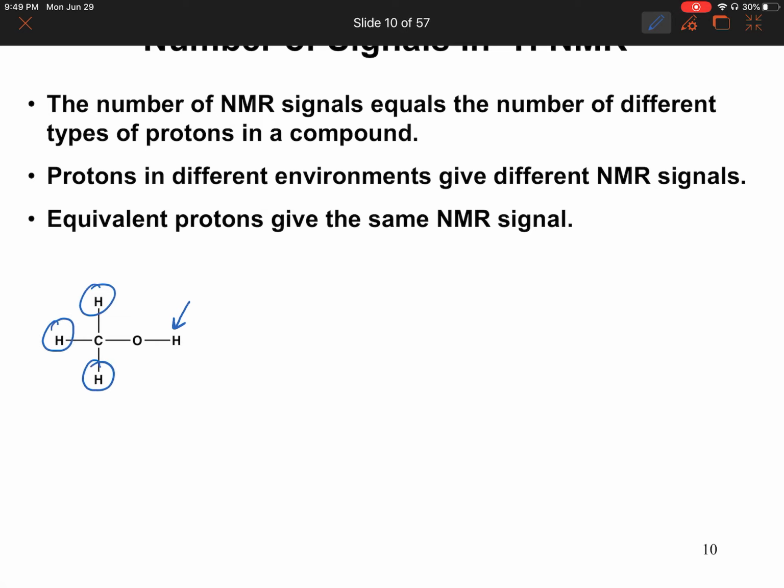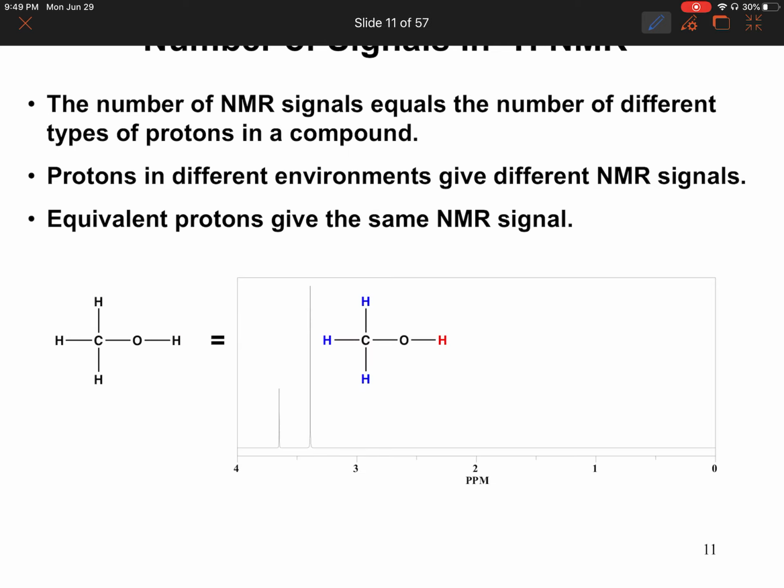So we see those and we see that one there. So we would see two signals, and that's exactly what we see there, right? Two different signals, one of them pertaining to the blue hydrogens, the other pertaining to the red hydrogen. Okay, so again, if they're in different chemical environments, they produce different signals.